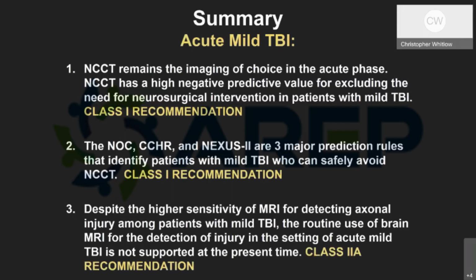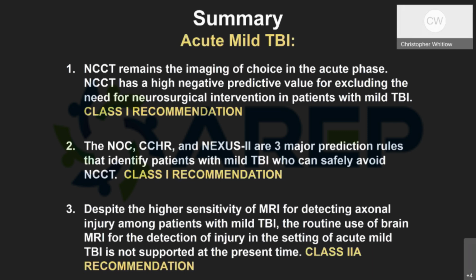So in summary, for acute mild TBI, non-contrast CT remains the imaging of choice in the acute phase. Non-contrast head CT has a high negative predictive value for excluding the need for neurosurgical intervention in patients with mild TBI. That's a class 1 recommendation.